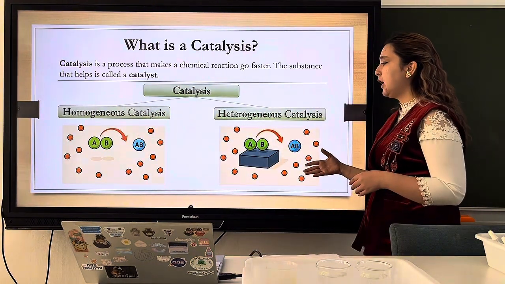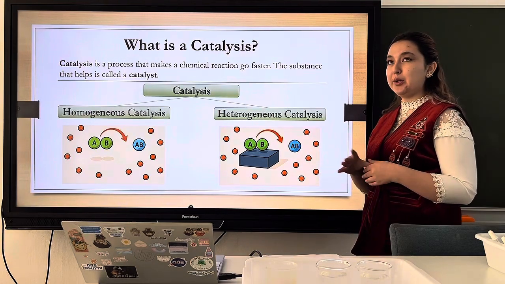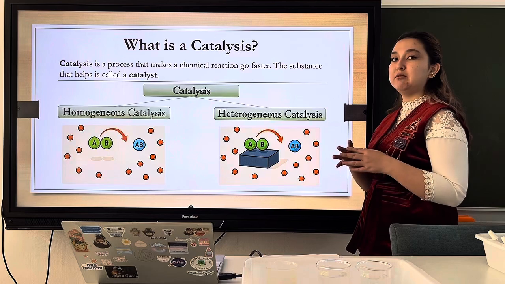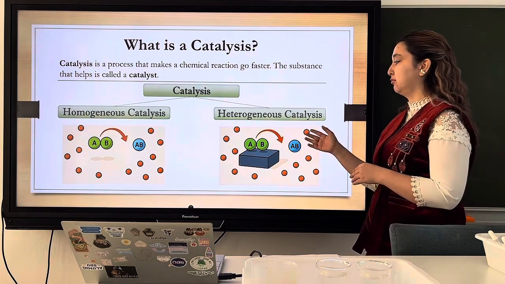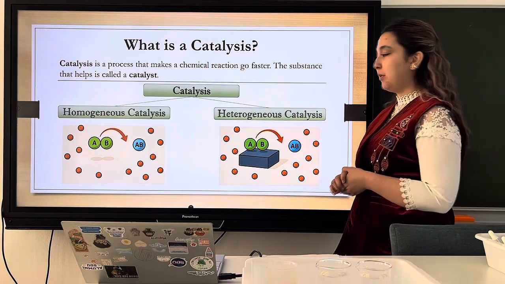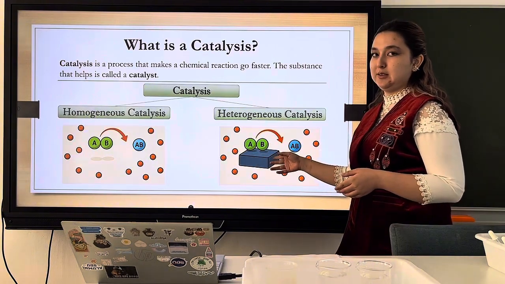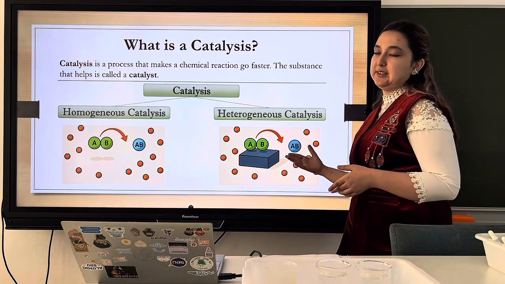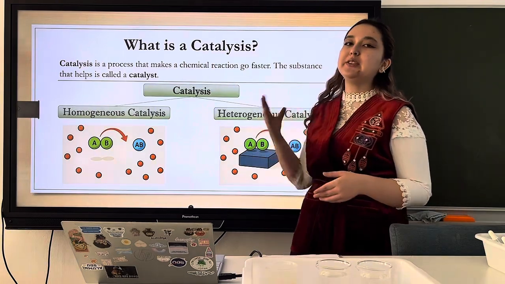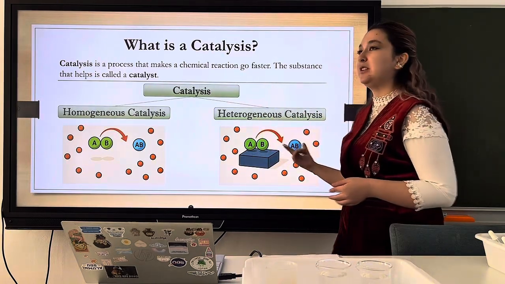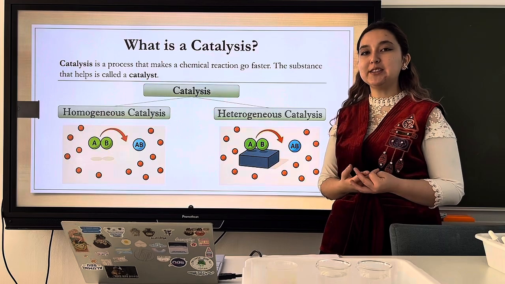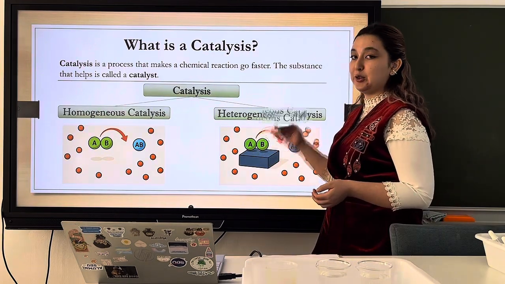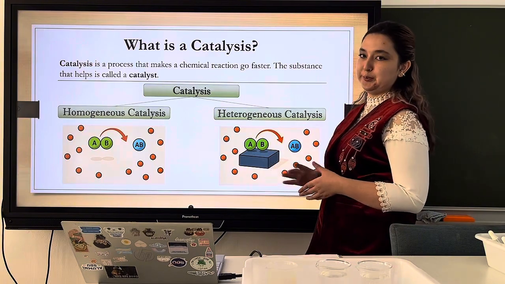Heterogeneous catalysis is when the reactants and catalyst are in different phases. For example, we have a solid catalyst and liquid or gas reactants. So heterogeneous catalysis is very important in solid state chemistry and surface chemistry, because the reaction happens on the surface of the solid.